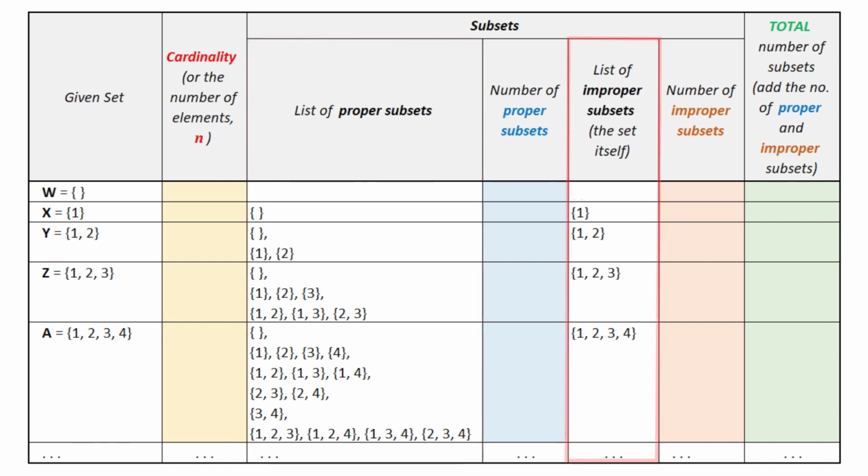On the fifth column is the list of improper subsets of sets Z and A, again derived in the previous slide. The improper subsets of sets X and Y can be easily provided, since the improper subsets of X and Y, we should know this, are the sets X and Y themselves.